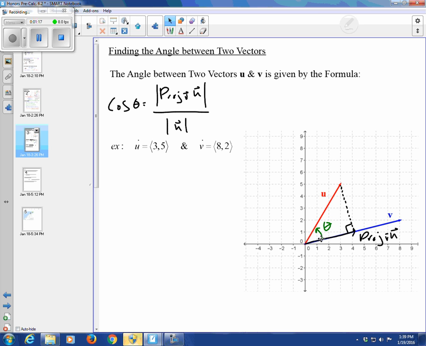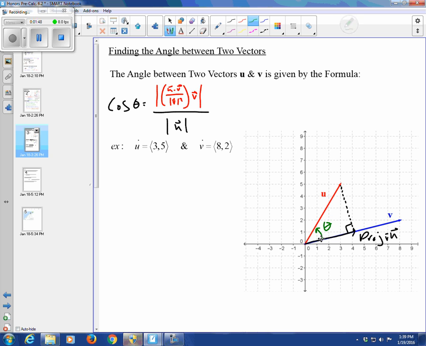Now, we have a definition of the projection of u onto v, so we can substitute that into the numerator, right? And using that definition, we have the scalar u dot v over the magnitude of v squared times the vector v as the projection of u onto v.